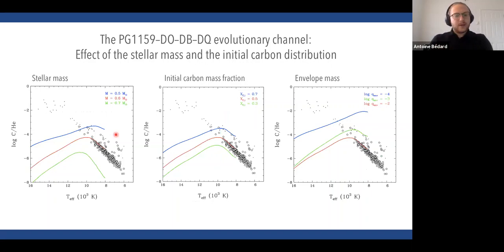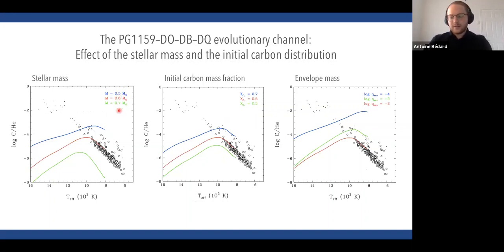So here these plots show the effect of changing the stellar mass, the initial carbon mass fraction, and the envelope mass on the predicted carbon abundance. And in each plot, I'm varying only one parameter while keeping all the other parameters fixed.